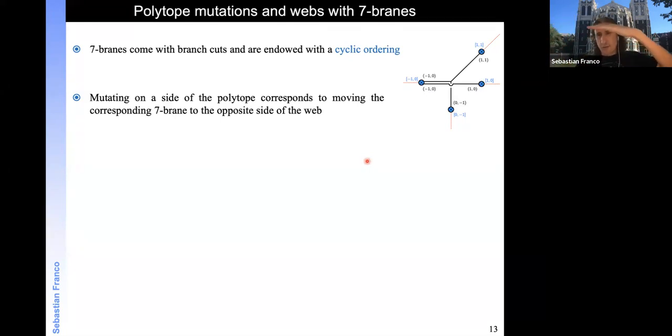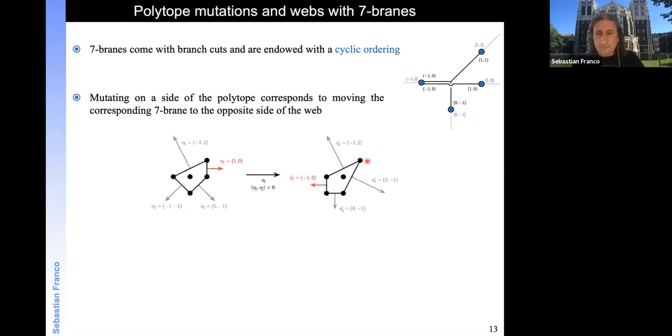The 5 branes go through the branch cut of the 7 brane, and they modify the slope in a way that is like if they were coming from a different 7 brane. So this is one of the examples that we considered before, the mutation on this edge, modifying the edges with negative intersection.